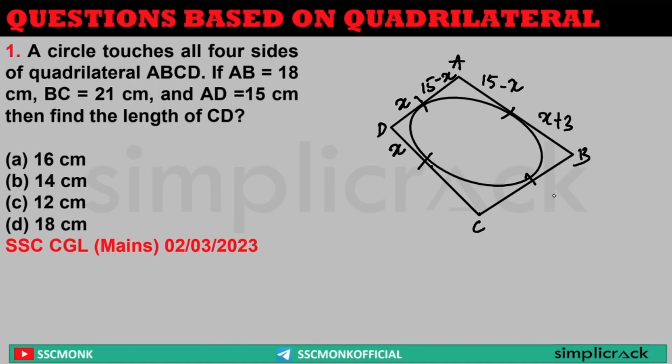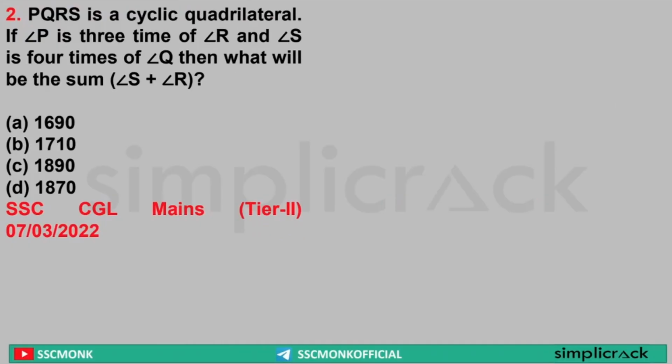Clear? If this is X plus 3, this will be X plus 3. BC is already 21. So this will be 21 minus (X plus 3), that is equal to 18 minus X. So this will be 18 minus X. Now this total length will be X plus 18 minus X, that is equal to 18 centimeter. Clear? Very basic, right? Next.